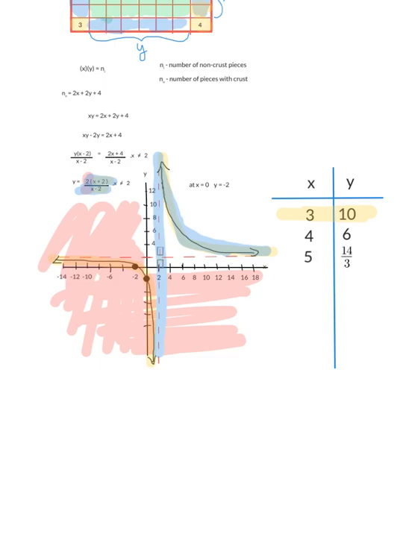Okay, that's not a solution because you can't have 14 over 3 slices. What about x is 6? Well, here you get 16 divided by 4. You get another valid answer, 4. Now let's try 7. X is 7, you're going to get 18 divided by 5. Not a valid answer, can't have fractions here. Okay, moving along with x is 8.